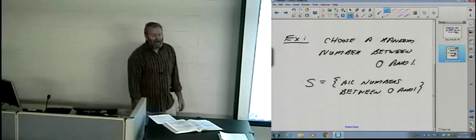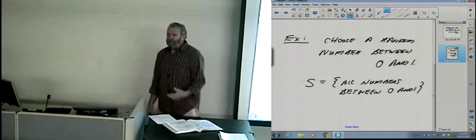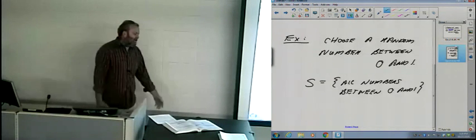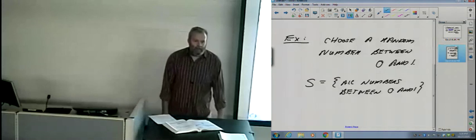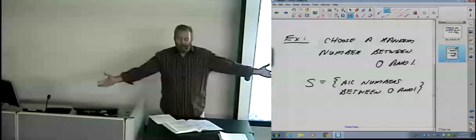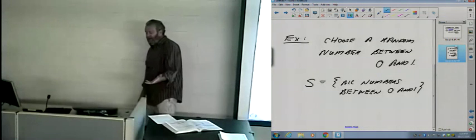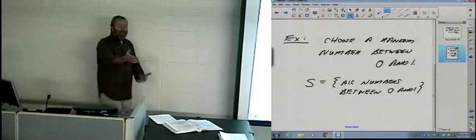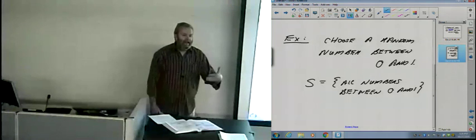Why? Because all those were finite. There's no way for me to write down all the numbers between 0 and 1. Can I start? Yeah, I can write the 0 down. What's the next number you write down past 0? I don't know. I can't write it down. So I got no shot with a continuous probability model of writing every outcome in your sample space down like I can in the finite case.